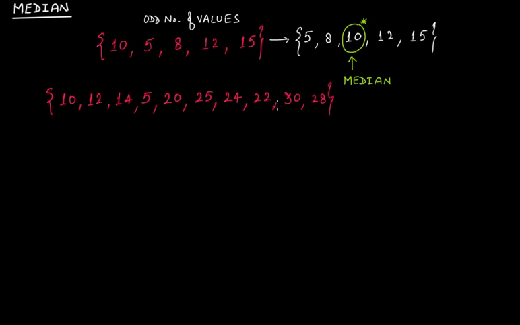Let's say this is our data set where we have 1, 2, 3, 4, 5, 6, 7, 8, 9, and 10. We have even number of values.